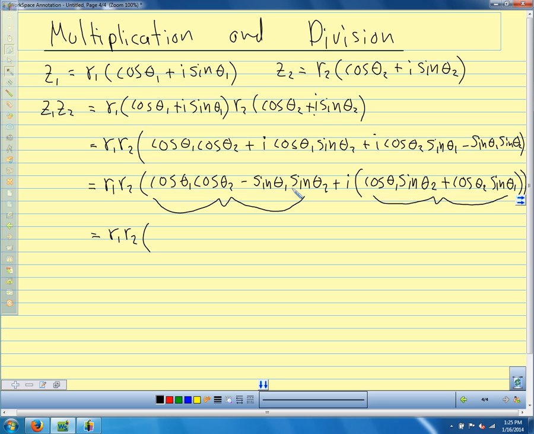Very nice. So this is the sum formula for the cosine. This is cosine theta 1 plus theta 2, plus i times the sine of theta 1 plus theta 2.